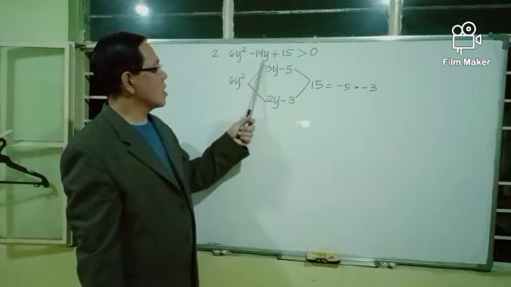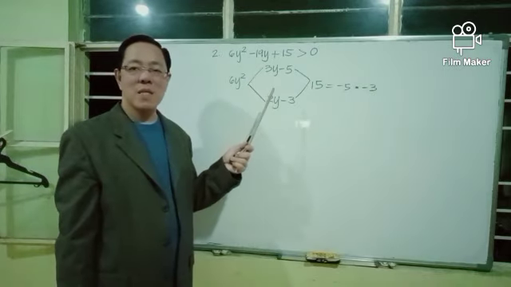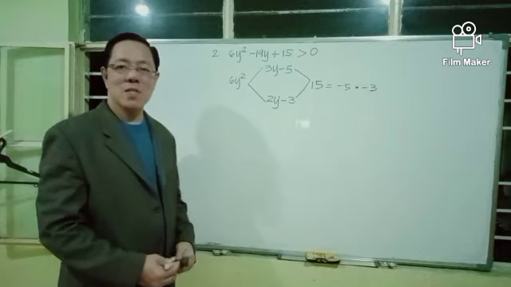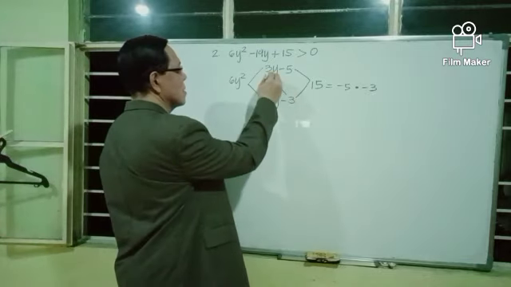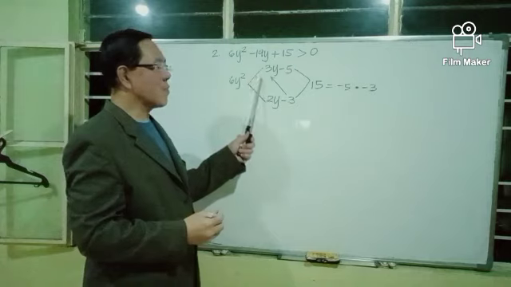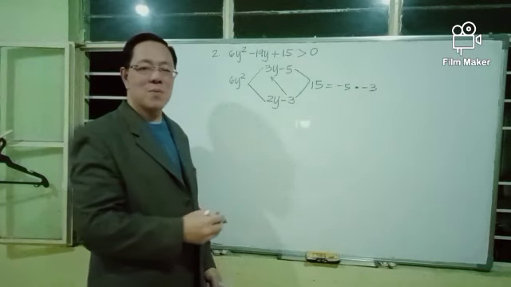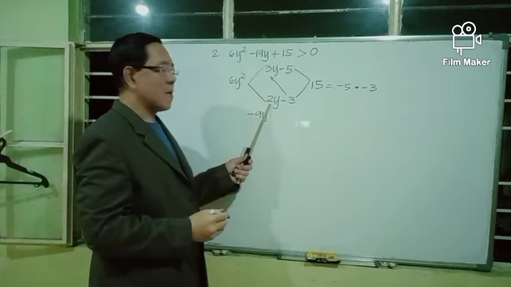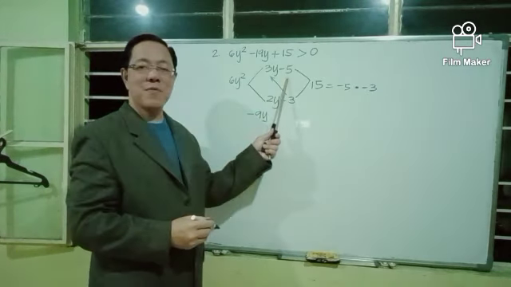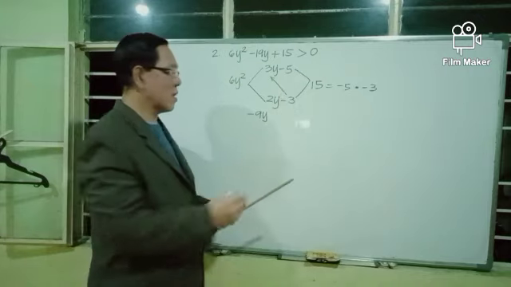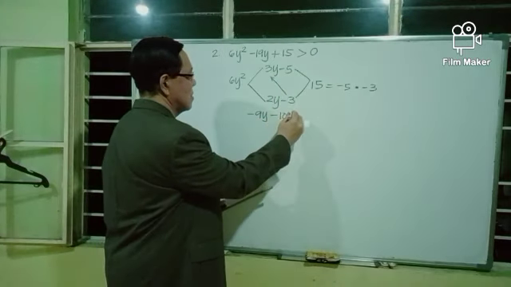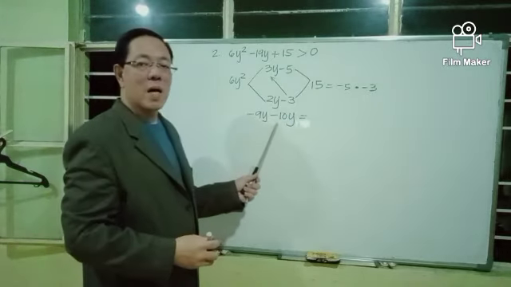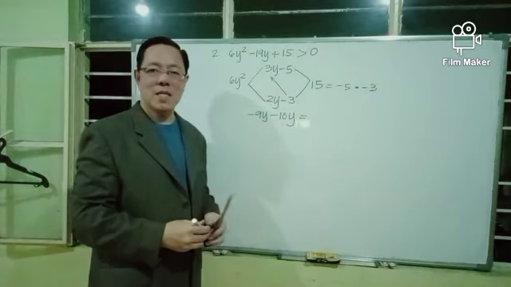Now we have to check if we will get the middle term negative 19y, and we do that by cross multiplication. Negative 3 multiplied by 3y is negative 9y. Positive 2y multiplied by negative 5 is negative 10y. Negative 9y minus 10y is negative 19y.